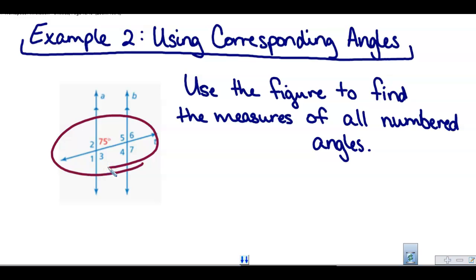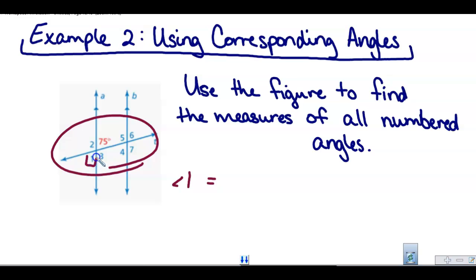We are only given one. So if we take a look at our given 75 degrees, some of us might like to start at angle 1. Let's just do angle 1 first, because why not do them in order? So what would the measure of angle 1 be?